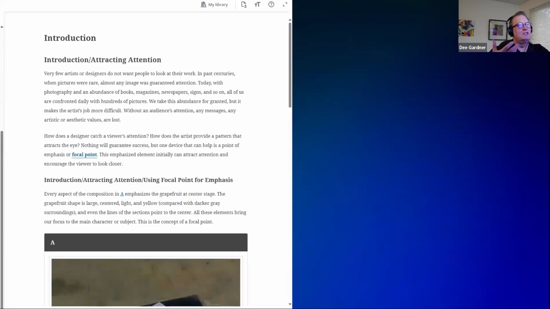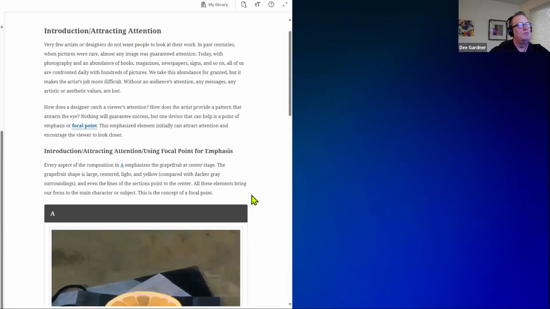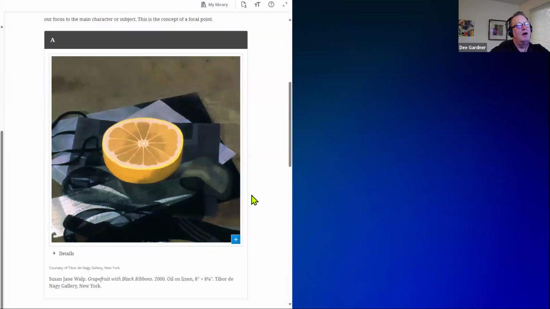it's usually a series of artworks that the author of this book came up with, and then we'll talk about what the artist has done to draw our attention to a certain space in the art. So on this one, what draws your attention here? I would say, of course the orange, right?